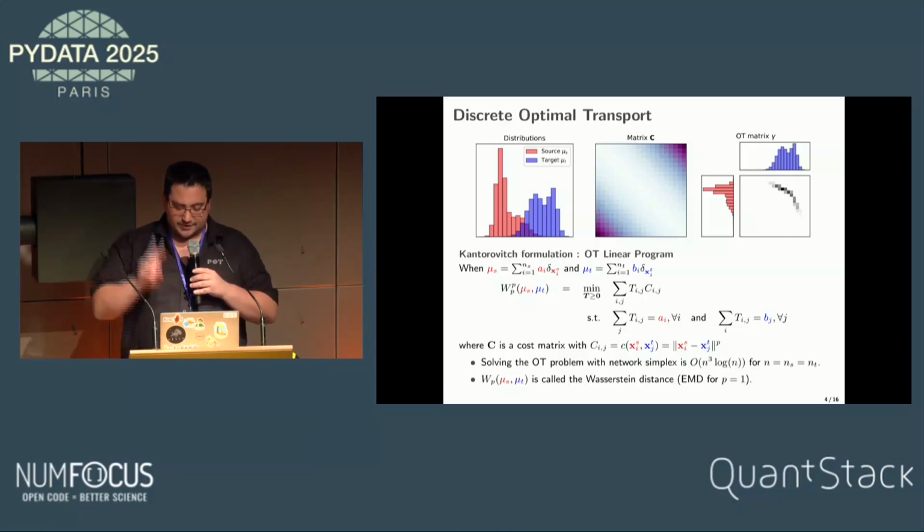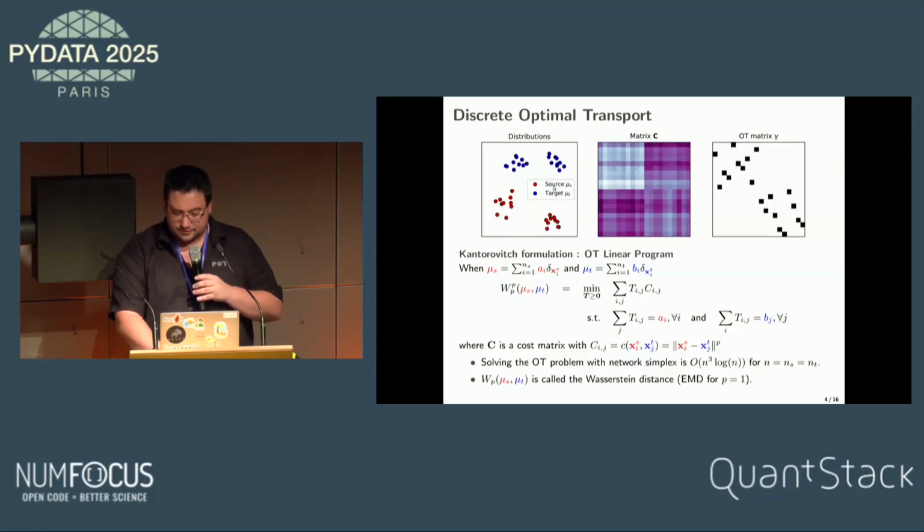Great. So there are two aspects in OT. This OT matrix tells you where the mass goes, so it's interpretable. You can see where mass goes from here to here. And interestingly, you do not require to have histograms here. This is another type of distribution where each point is an amount of mass, and you want to move this mass onto those points. So you can move from the red to the blue here. You're going to have a cost matrix that tells you how much it costs to go from one point to the other.